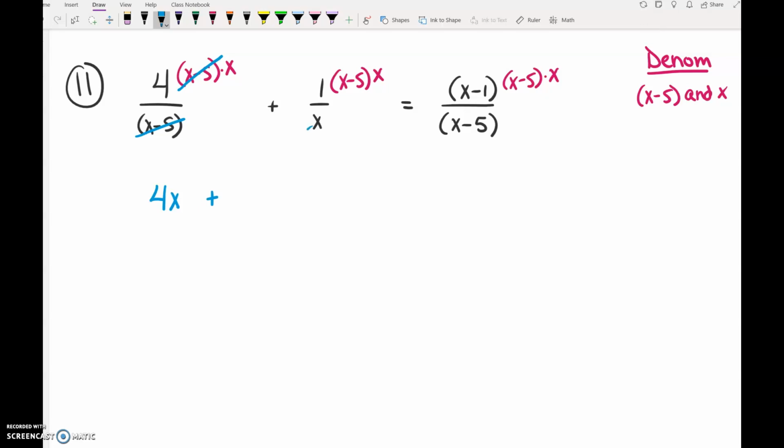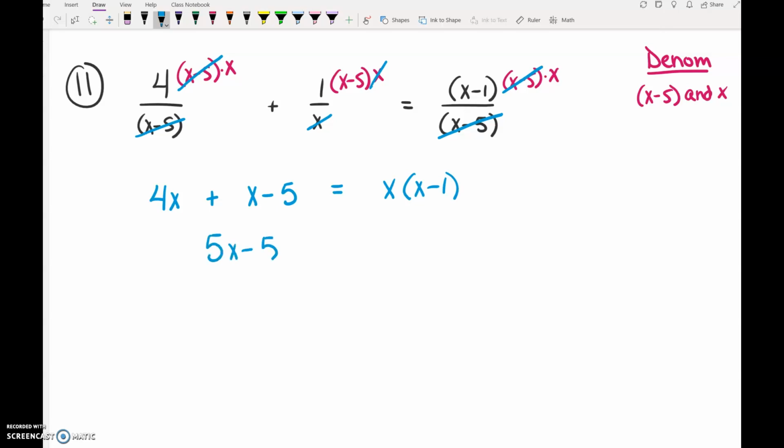In the next term, x cancels. We're left with x minus 5. After the equals sign, x minus 5 cancels. We are left with x times x minus 1. I just put the x in front of the parentheses to make later distribution easier.